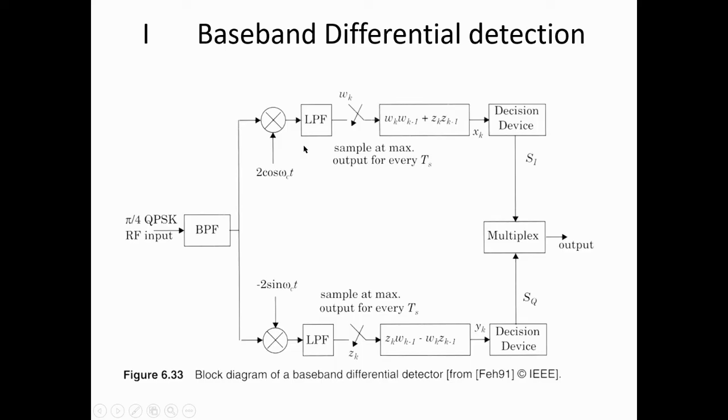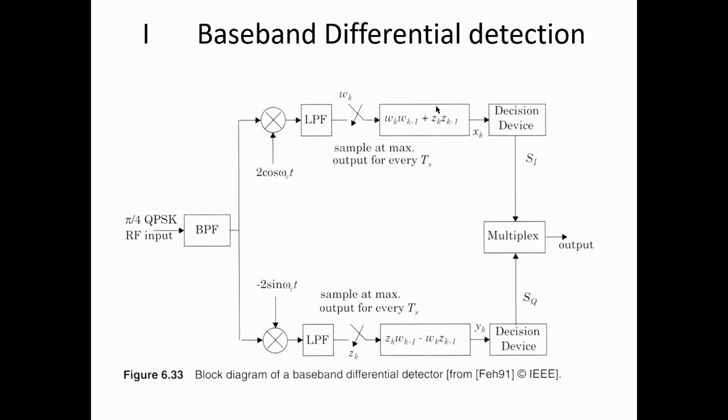Then it is applied to the local low pass filter. The low pass filter output is wk in terms of the in-phase component, and zk in terms of the quadrature phase component. After the low pass filter, these components are given to the differential encoding block, the block with wk minus 1 plus zk minus 1, which is called the differential encoder block.